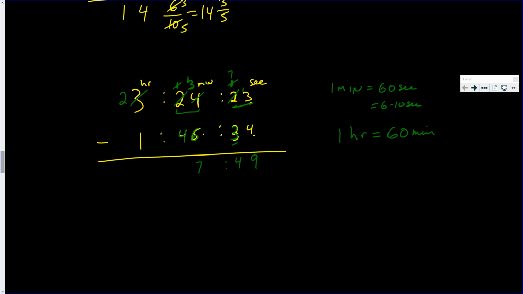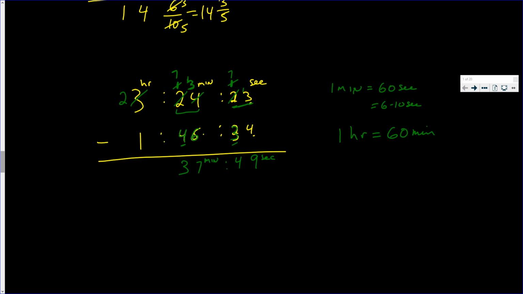So I'll add 6 to the tens position. Instead of just having 1 10 minutes, I now have 7 10 minutes. And I can take away 4 of them. So I'm left with 3 10 minutes, or a total of 37 minutes, and also 29 seconds.